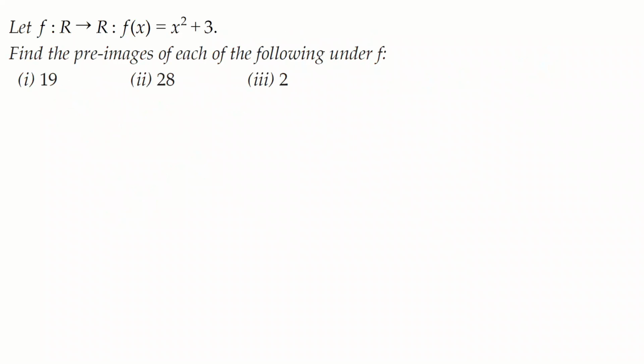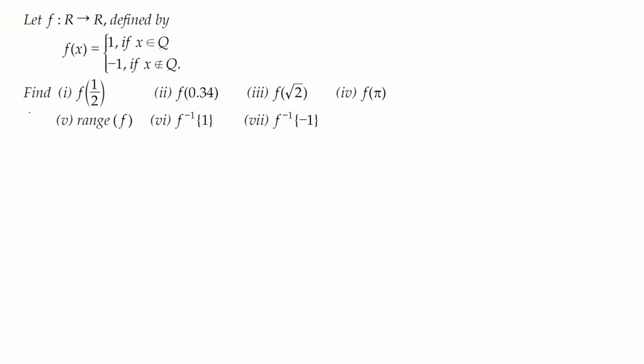So the same question again, you try it on your own. Let f be defined from R to R such that f(x) is equal to 1 when x is a rational number, and f(x) is equal to minus 1 when x is an irrational number. So what is f of half?